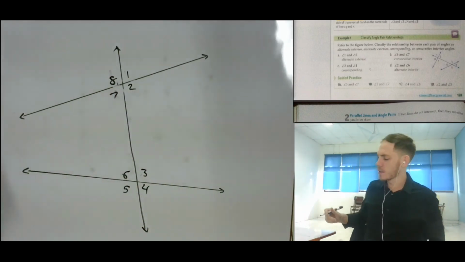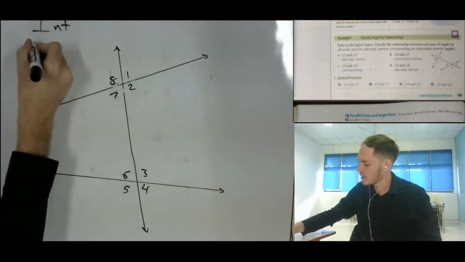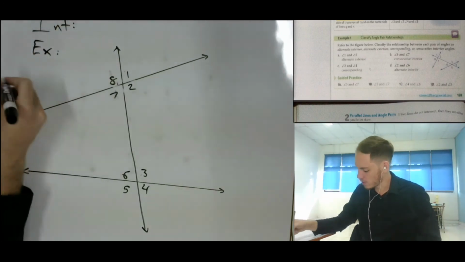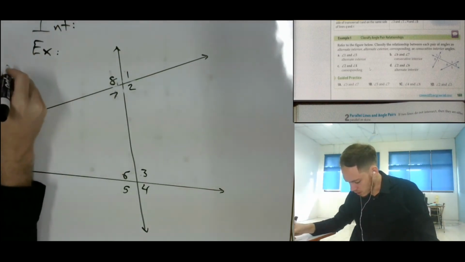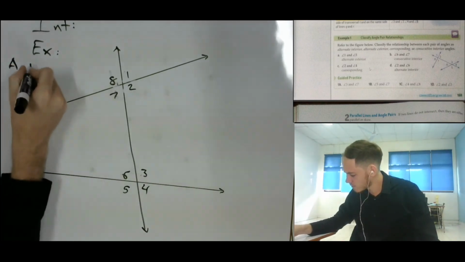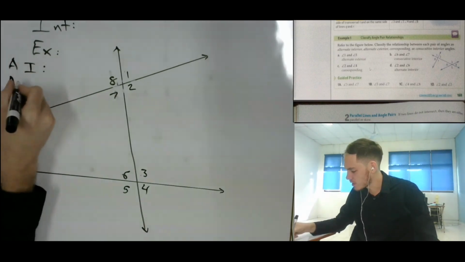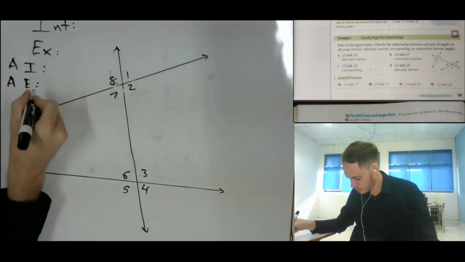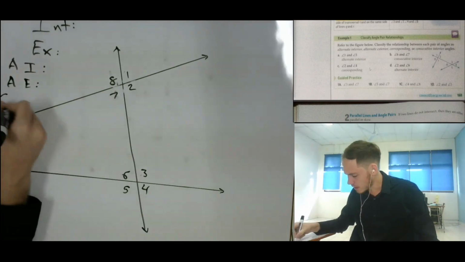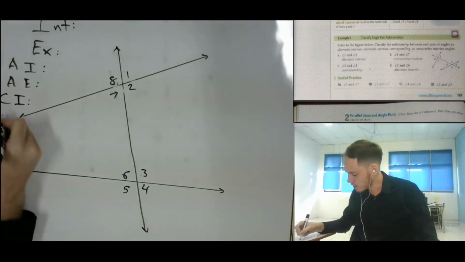I want you to label all interior, all exterior, all alternate interior, all alternate exterior, all consecutive interior, and then all corresponding.